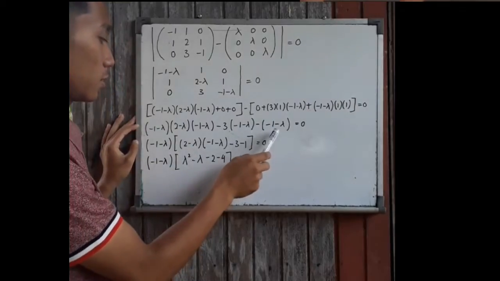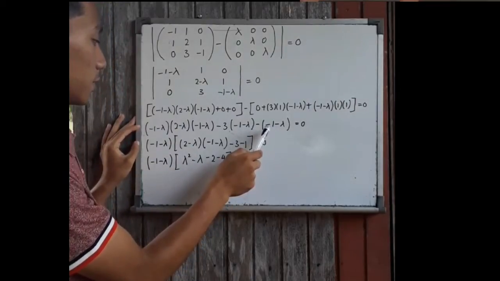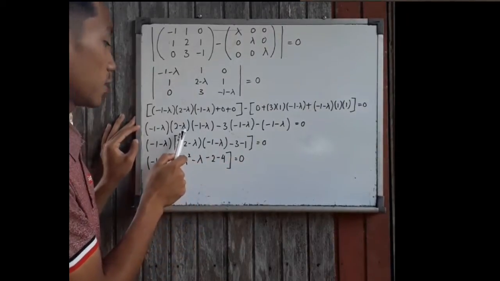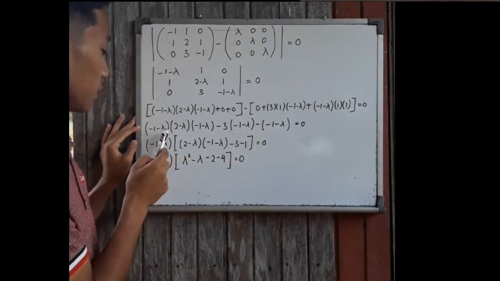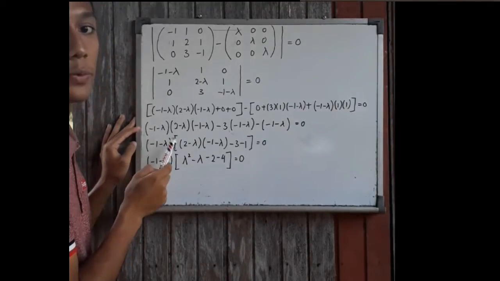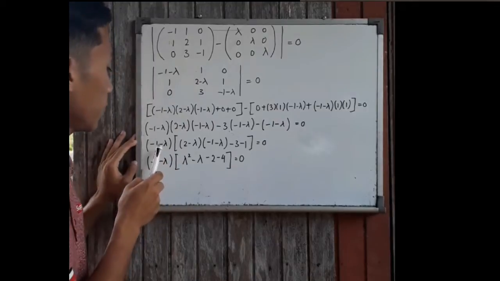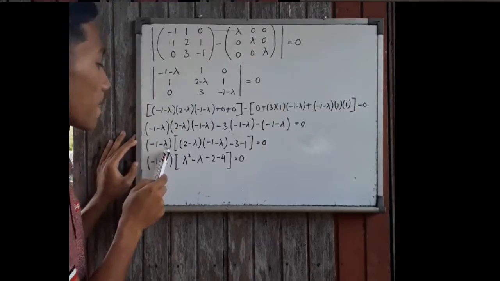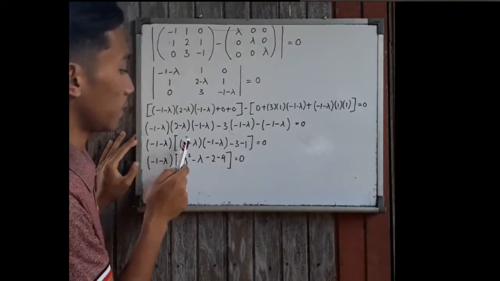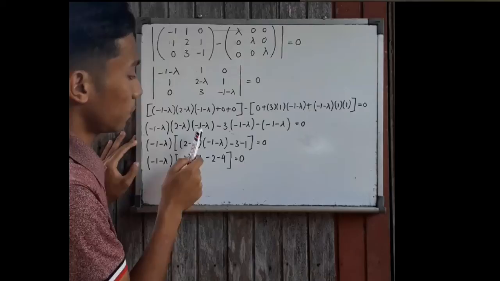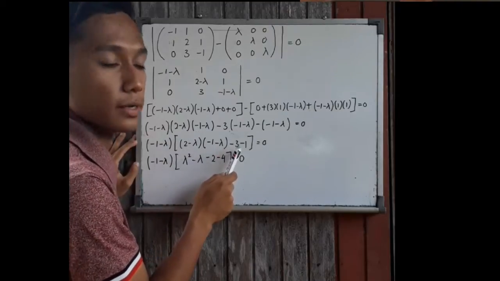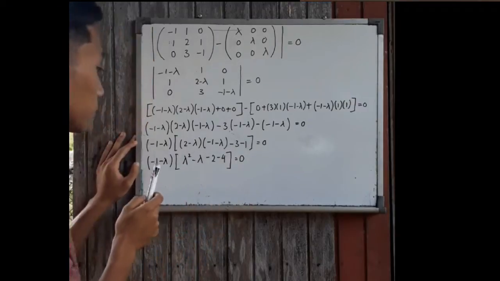Here we have 3 terms that contain the same factor, which is negative 1, negative lambda, and we factorize out negative 1 and negative lambda here. And then 2 negative lambda, negative 1 negative lambda, negative 3 negative 1 equal to 0.